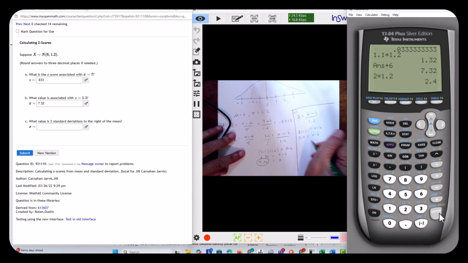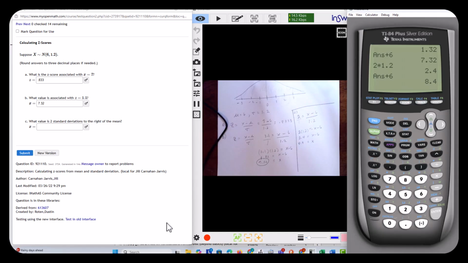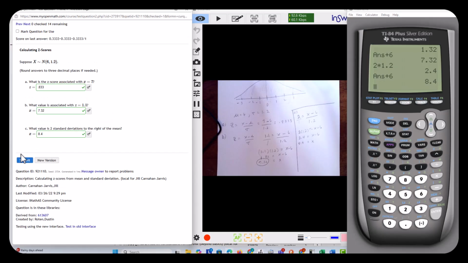We add 6 to both sides, so x will be equal to 8.4. Let's put this in here, and again, it says 3 decimal places are needed. Let's see what we get. Is that all correct? Let me know if you have any questions.